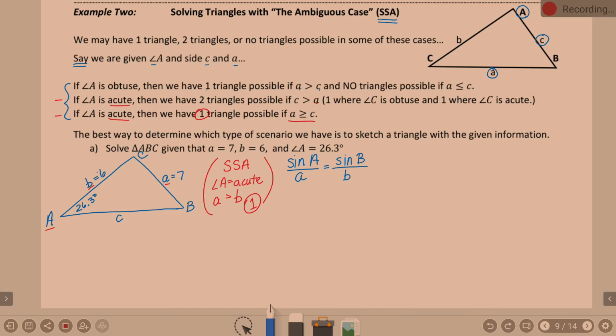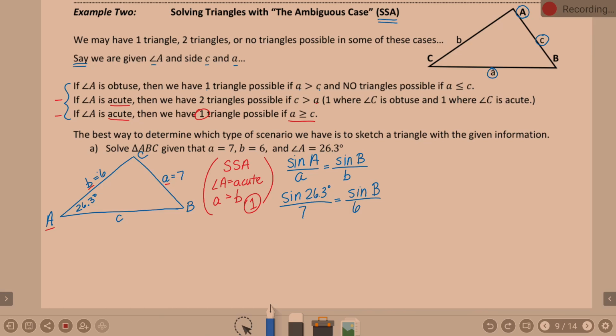Fill in what you know. Sine of 26.3 degrees over 7 is equal to sine of B, because that's what I'm looking for, over side B, which is 6. Okay? Can you do the math to solve your equation? I'm personally going to do cross products again.